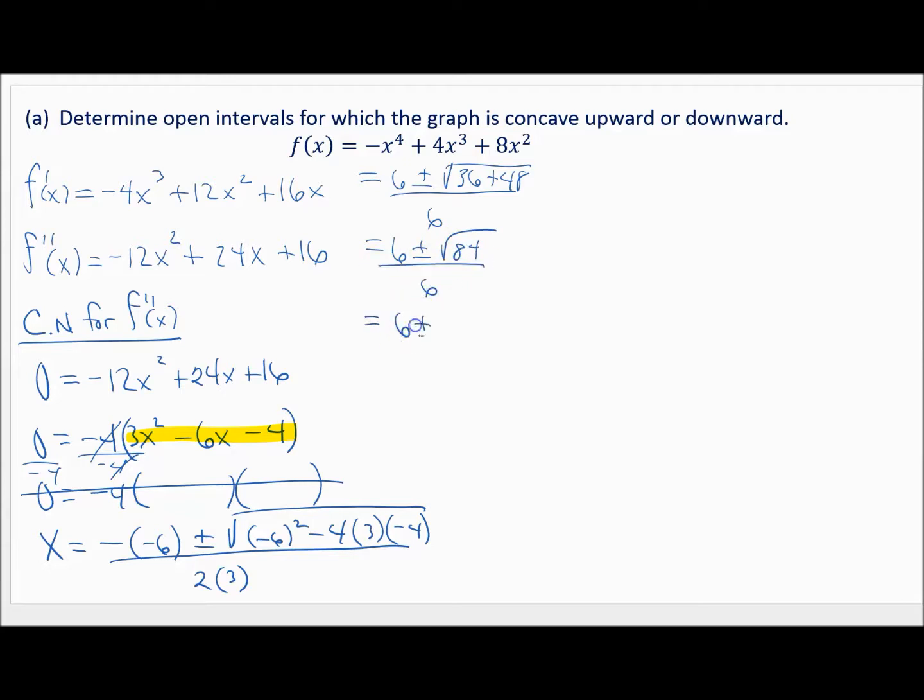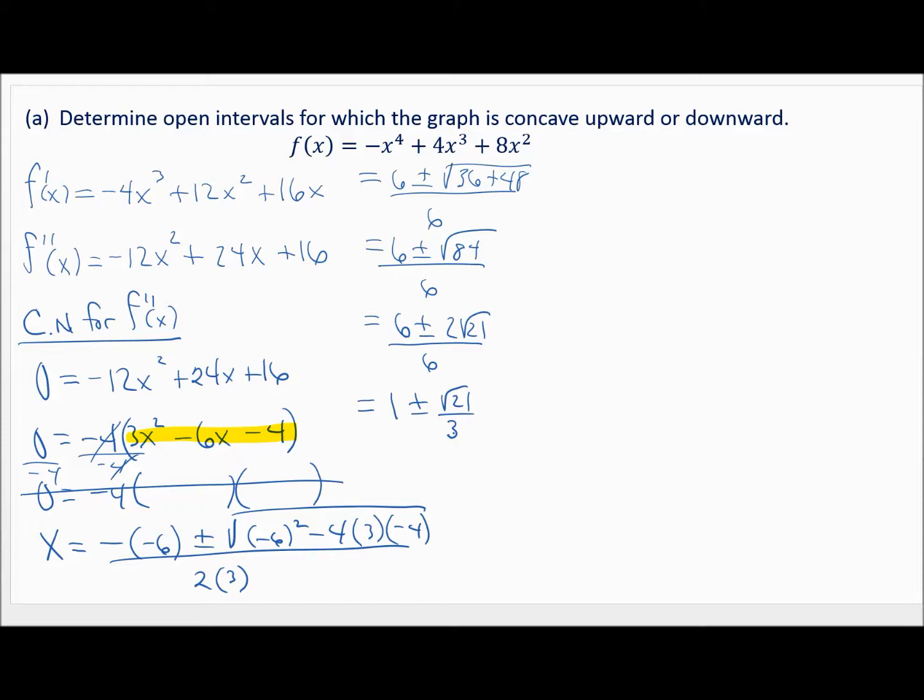And that reduces to 4 times 21. Square root of 4 is 2. Square root of 21 over 6. Finally, I can reduce that by splitting this up into two separate fractions. The 6 goes into 6 once, and the 2 and the 6 leave me with a square root of 21 over 3. Phew, right? But it happens. It happens, and I'm glad you got to see it in this video.